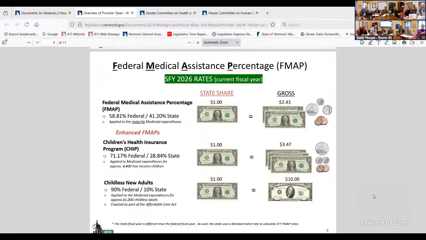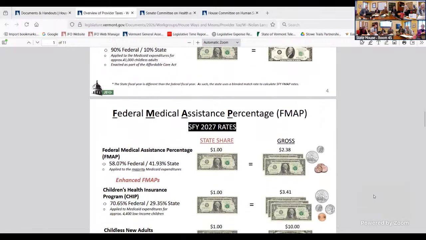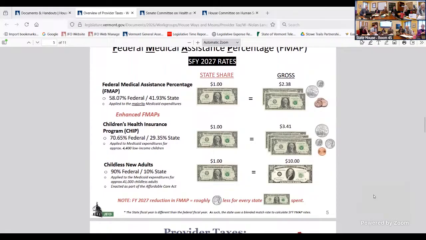And then I throw this one in here. This is the 27 FMAP rates. The FMAP has gone down, which means the state share has gone up, which means that we have to pay, I think, an extra $15+ million per year just to level set for the current programs. The FMAP goes up, it goes down. It's a calculation that's done by the federal government. I can do a whole presentation on that, but I won't today.